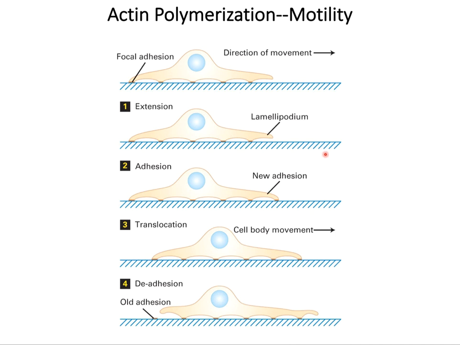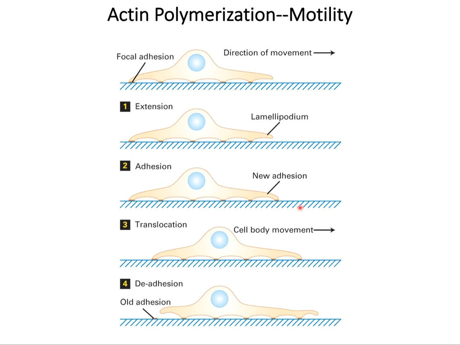So this foot is stepping out, and the second step is the adhesion, where the lamellipodium actually touches the surrounding extracellular matrix components. And then you get the formation of a new adhesion between the cell and the extracellular matrix. You get the forward movement of the cell body.